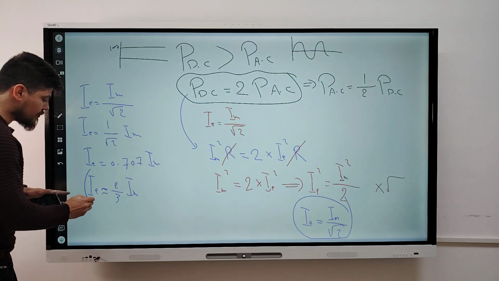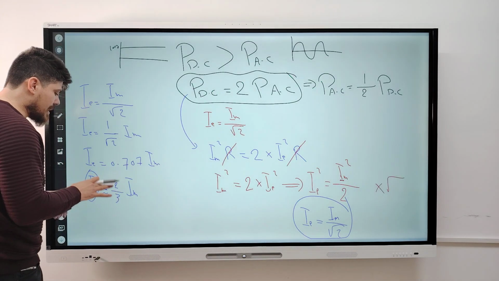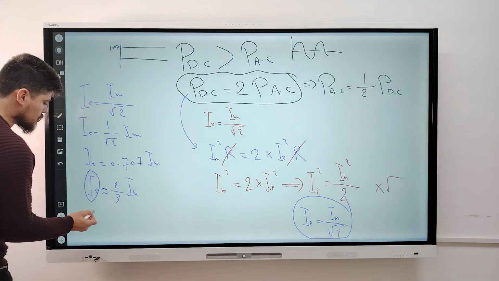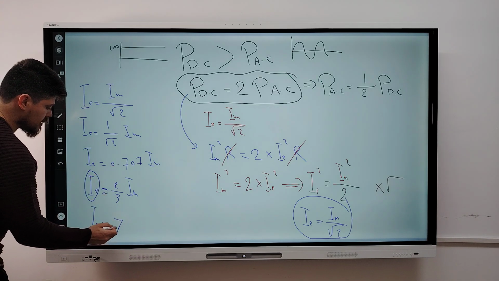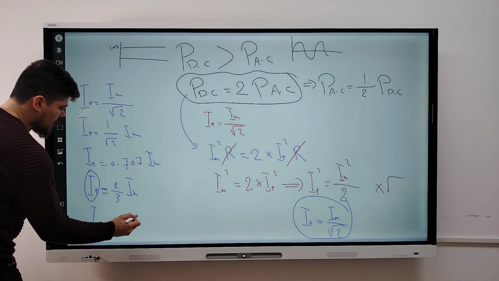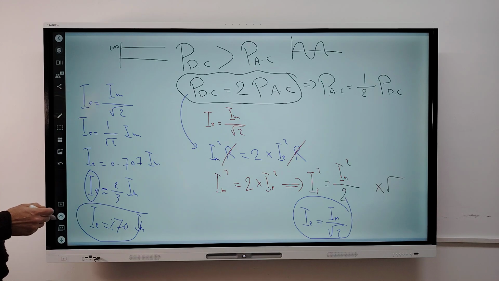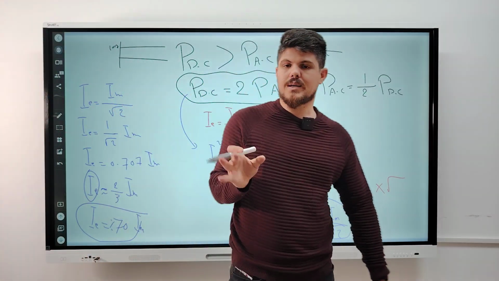Look, the effective value of the AC current is a little bit bigger than 2 over 3 of the maximum current. And you can also write I_E as 70% of the maximum value. So these are the values of the effective current. Maybe they will bring it in the exam like that.